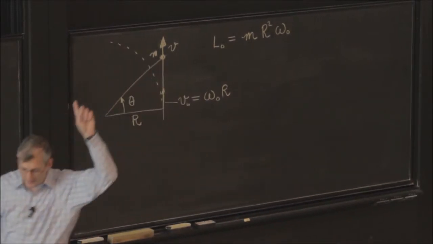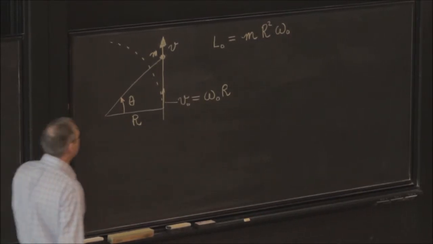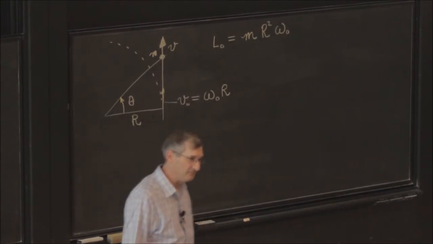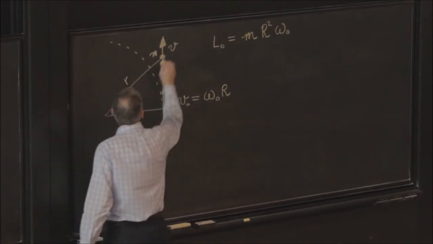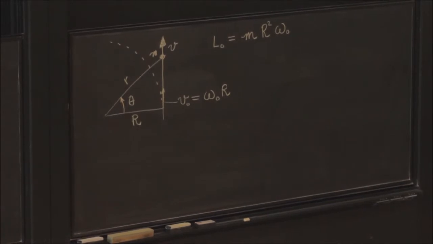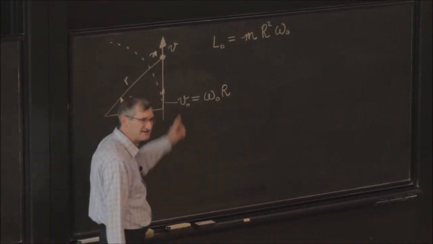Now it continues up at that constant velocity, and the question is, by our definition of angular momentum, is it conserved? How can I do that? Because now r is changing, right? The distance to the axis is getting bigger. But the amount that it's going around, that doesn't seem fair.